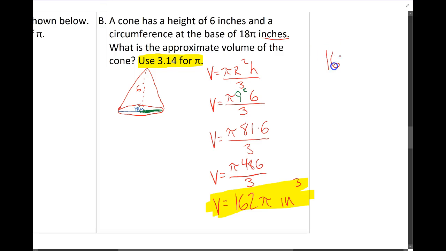I say 162 times pi is 162 times 3.14. And I would just carry out this multiplication.